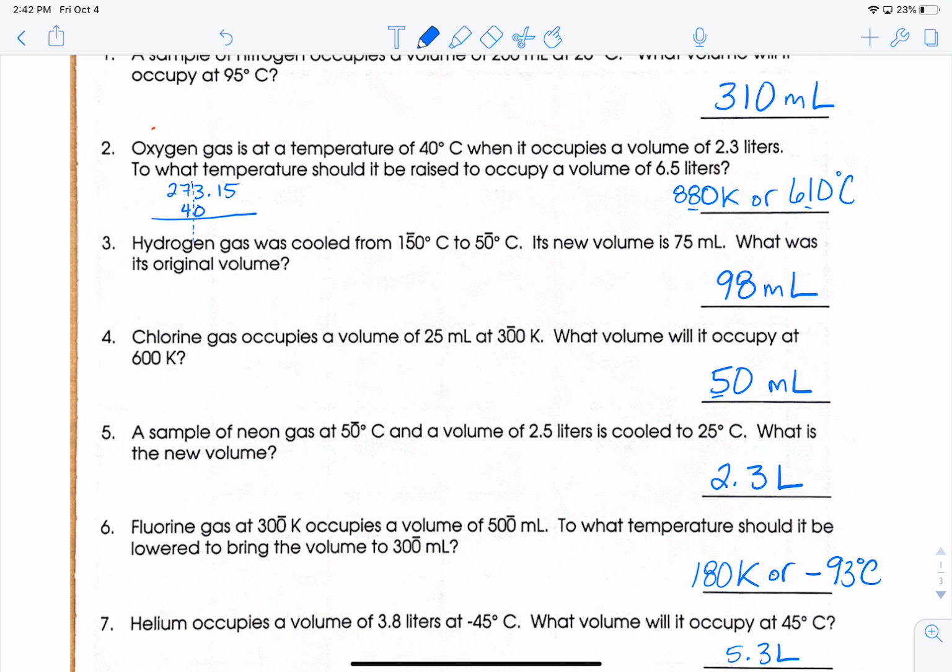And this would be 313.15. But what I do is I underline the significant place and I don't round yet. So that number is 2 sig figs, 2.3 liters is 2 sig figs, and 6.5 is 2 sig figs. That's why.